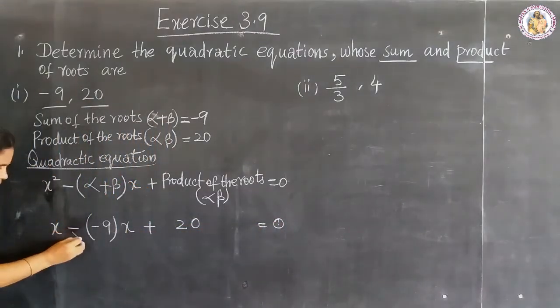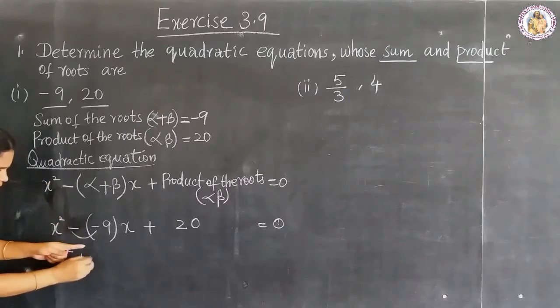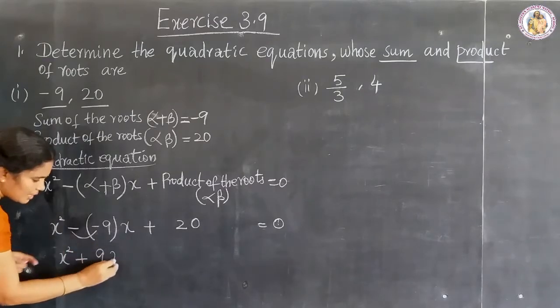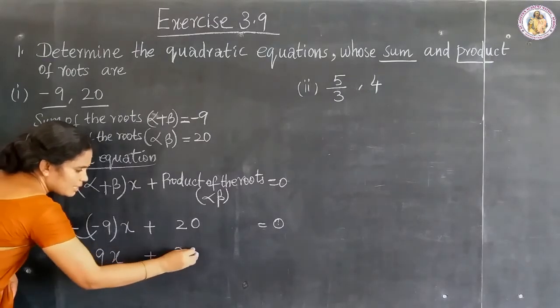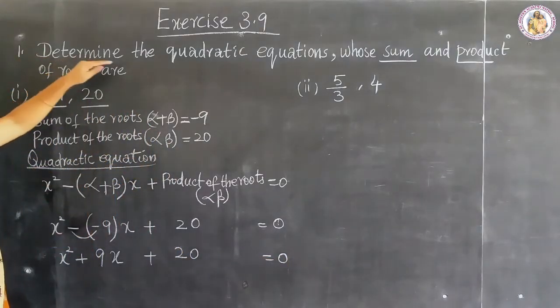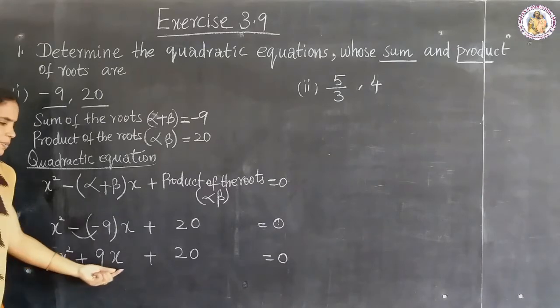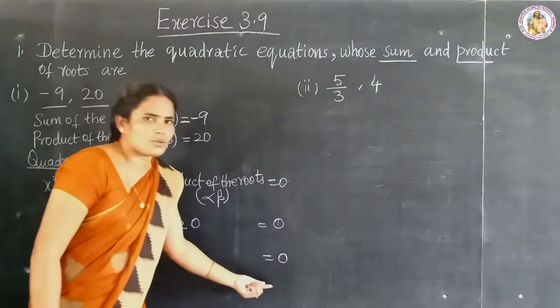Now minus into minus is plus. So x square plus 9x plus 20 is equal to 0. We were asked to determine the quadratic equation. The quadratic equation is x square plus 9x plus 20 is equal to 0.